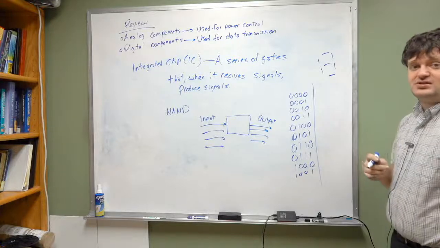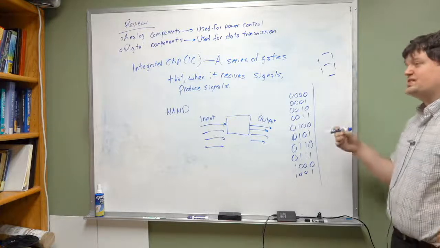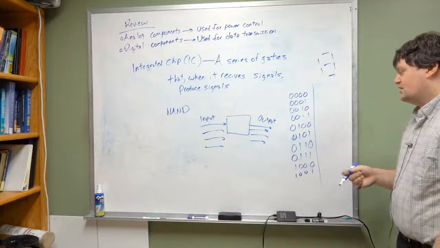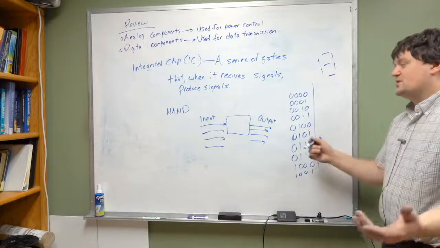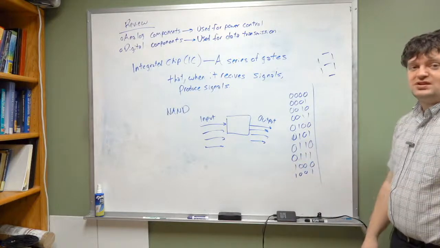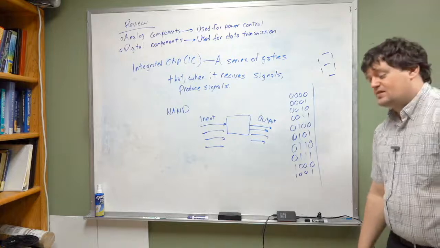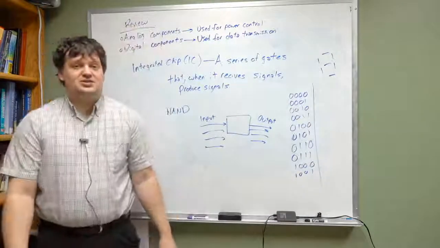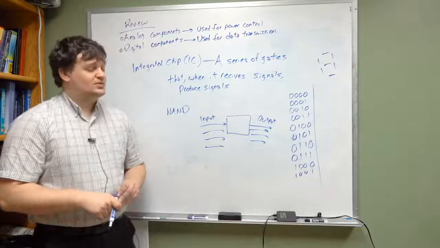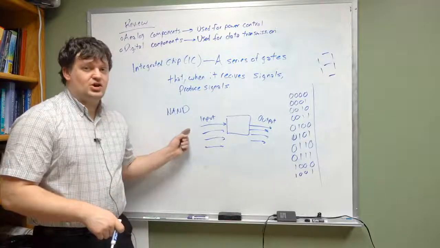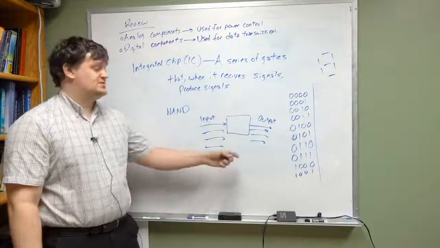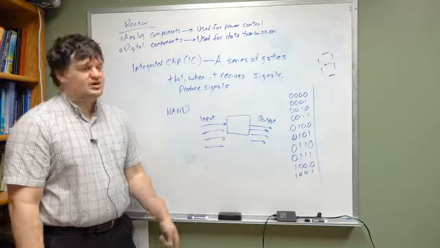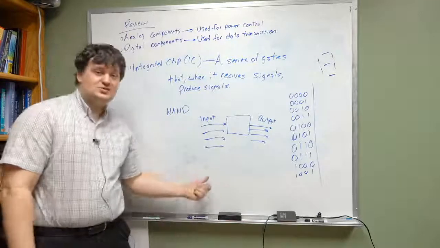And that's just for a digital number digit display. Okay? So you can have any number of inputs produce any number of outputs. And that's fine. That's what integrated chips are supposed to do. There is no limitation on, oh, well, I have to have the same number of inputs as outputs. No, you really don't. You can have more outputs than inputs. You can have more inputs than outputs.